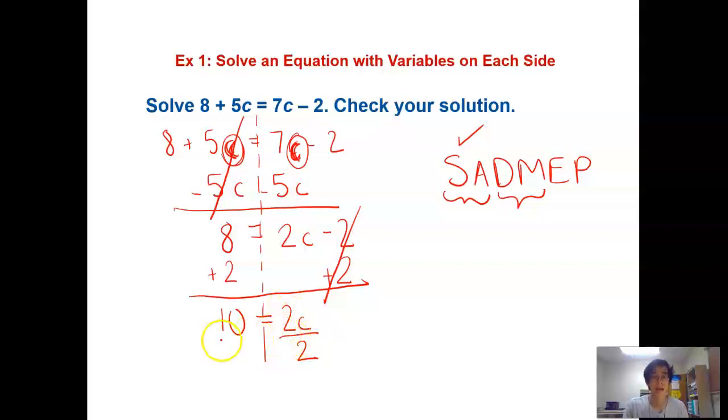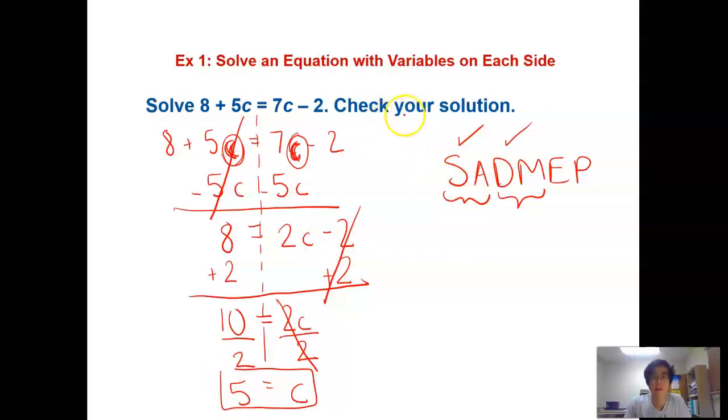What I do to one side, I have to do to the other side. Okay, so this is going to cancel out. 2 divided by 2 is 1, so that is going to give me c. And what is c? It's going to be 10 divided by 2, which is 5. And that should be my answer. And I did all of my division and multiplication.